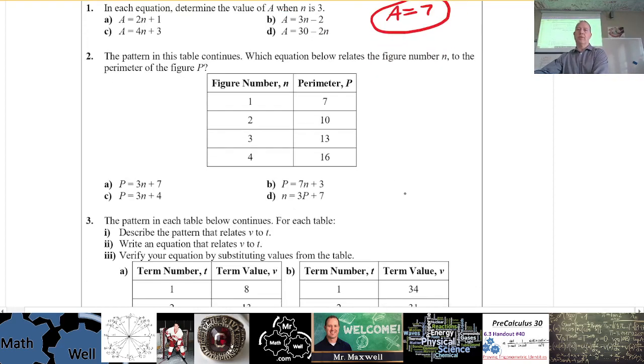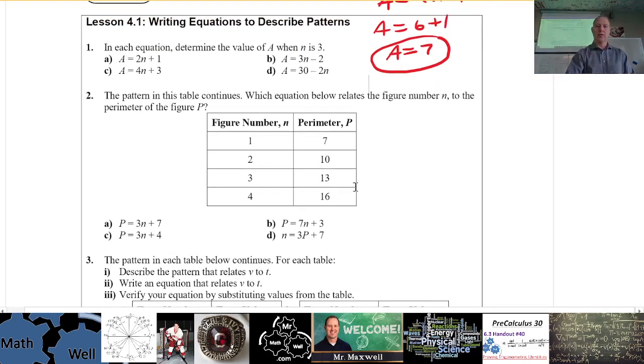Number 2, some of you might be at number 2 already. Started working on this. But number 2, the pattern in the table continues. Which equation below relates the figure number to the perimeter of the figure P? So again, we want to see if we have consistent change between variables. And this is a consistent change of plus 1.